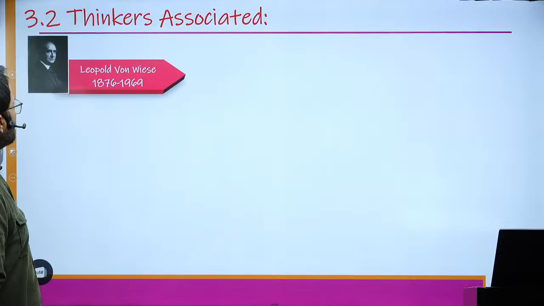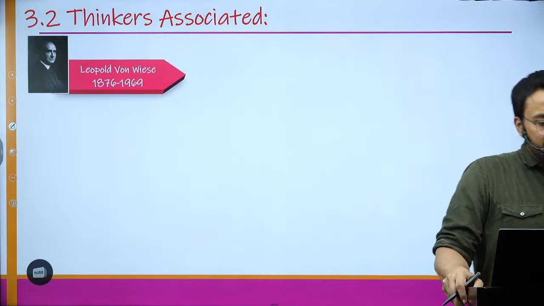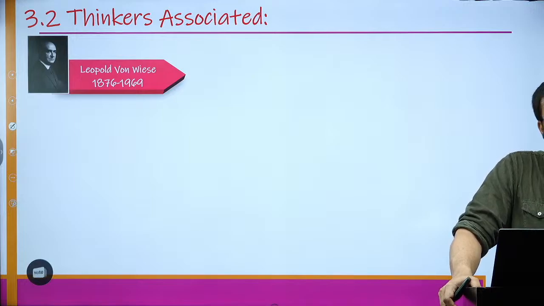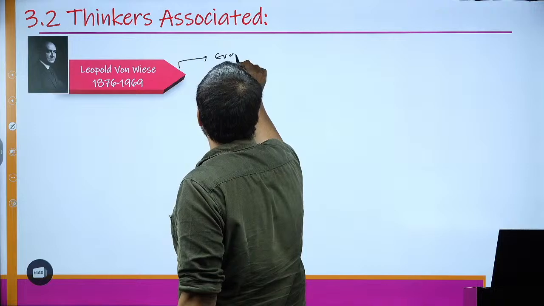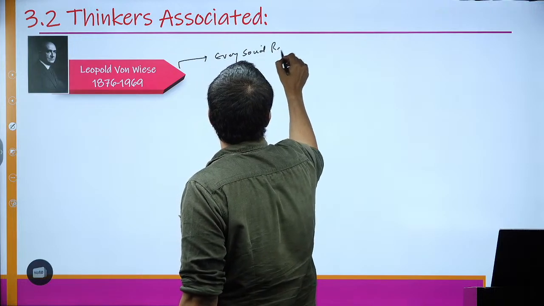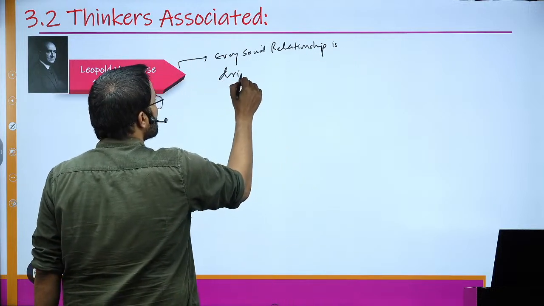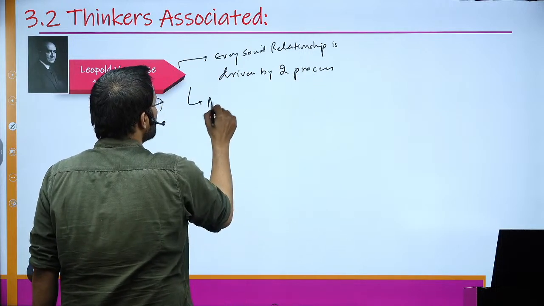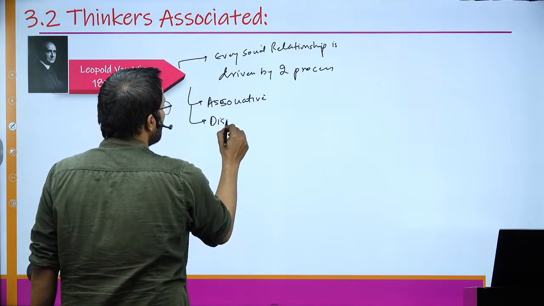Now the next is Leopold von Wiese. Even Leopold von Wiese was talking about things at the micro level, when he says why people are interacting with each other, why and how they are interacting, and it is driven by two processes. Overall, every social relationship is driven by two processes, that is called associative and dissociative.